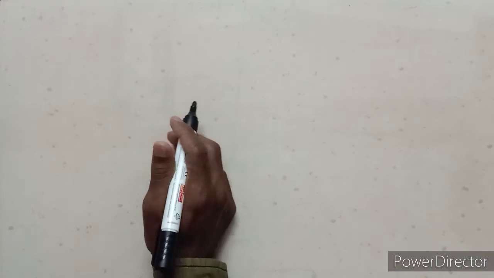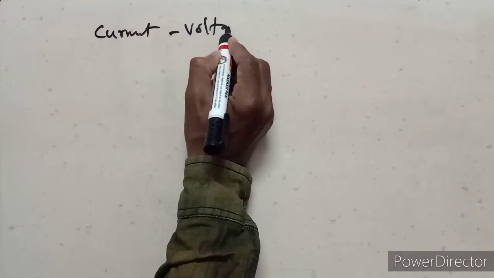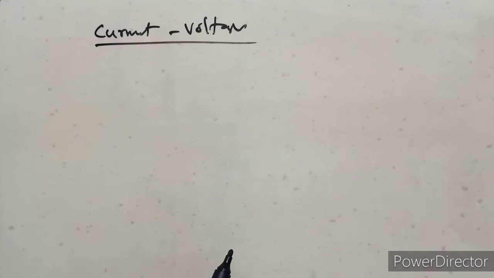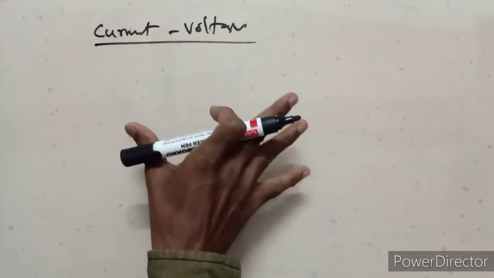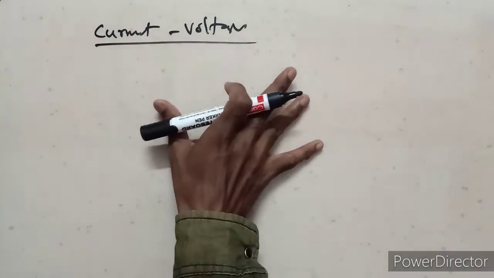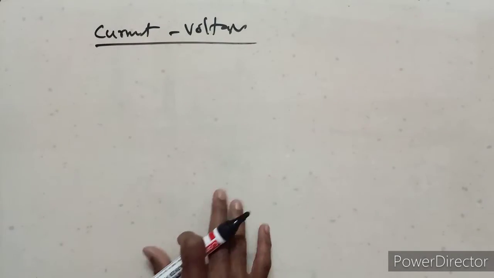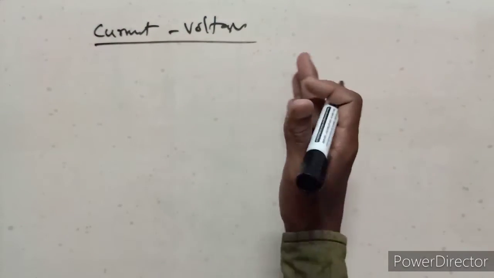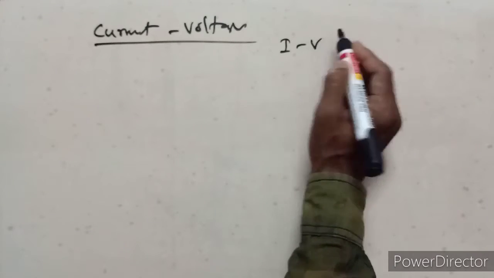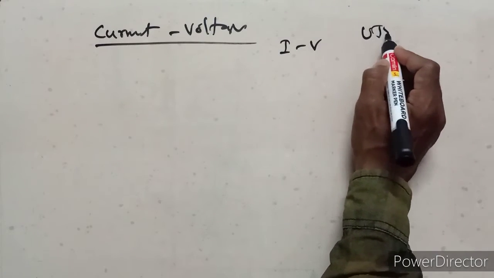Using these levels, we draw the graph of current and voltage. The graph shows the curve between emitter voltage and emitter current. That is the IV characteristics of UJT.